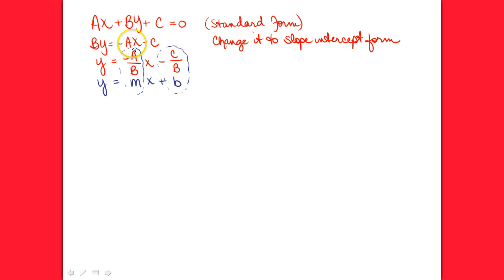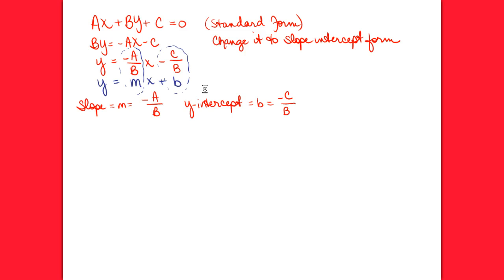All right, so I'm going to subtract the ax over, and I'm going to subtract the c over. Now I got to get y by itself, so I would divide everything by b. So divide by b, divide by b. If you line that up with slope-intercept form, slope is the opposite of a over b, and the y-intercept is the opposite of c over b.